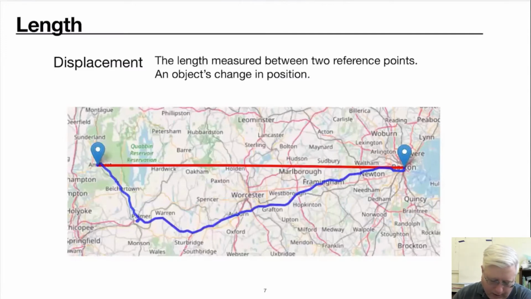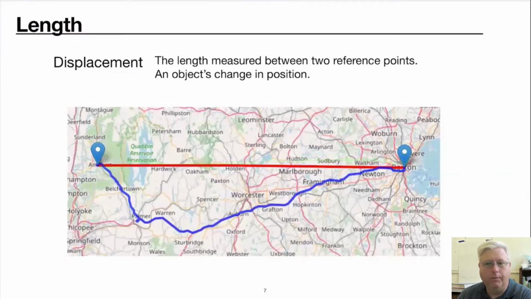So if we say that UMass is a reference point and Boston is a reference point, then it's the length between those points. It's this red line going straight from UMass to Boston. Well, there's no road that goes straight there, but we could measure that length.